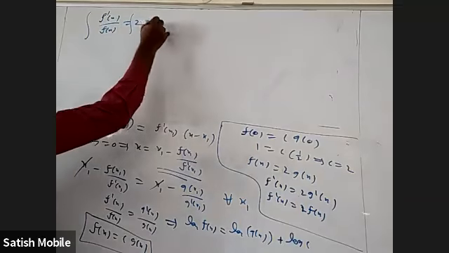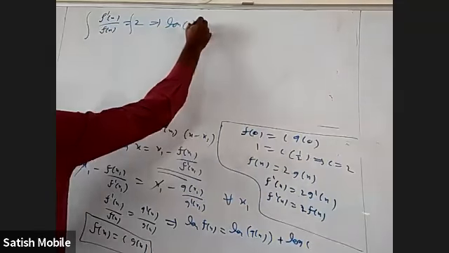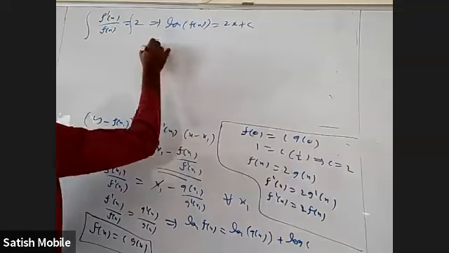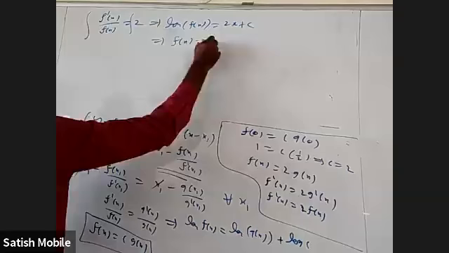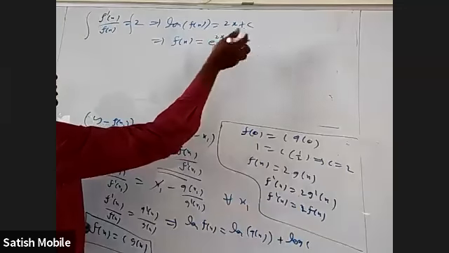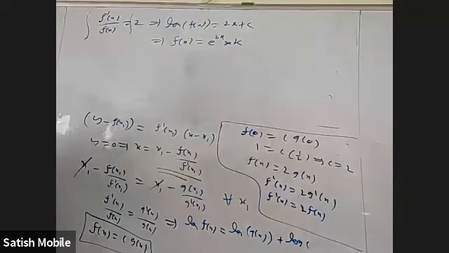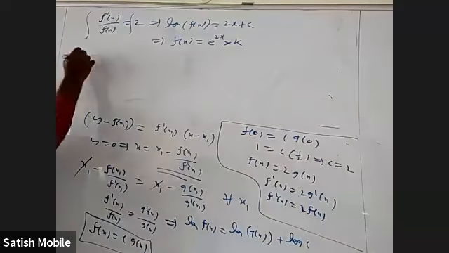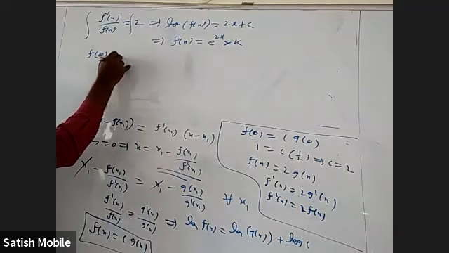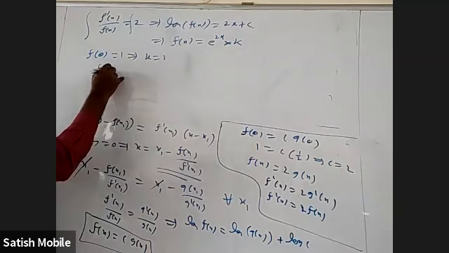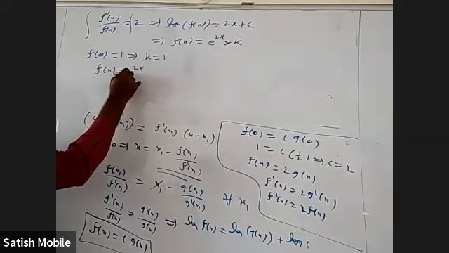If we integrate now, we will get log f of x is equal to 2x plus c. So f of x is equal to e power 2x times e power c, which you can write as some k. How do we know that k? We know f of 0 is 1, so k is also 1.